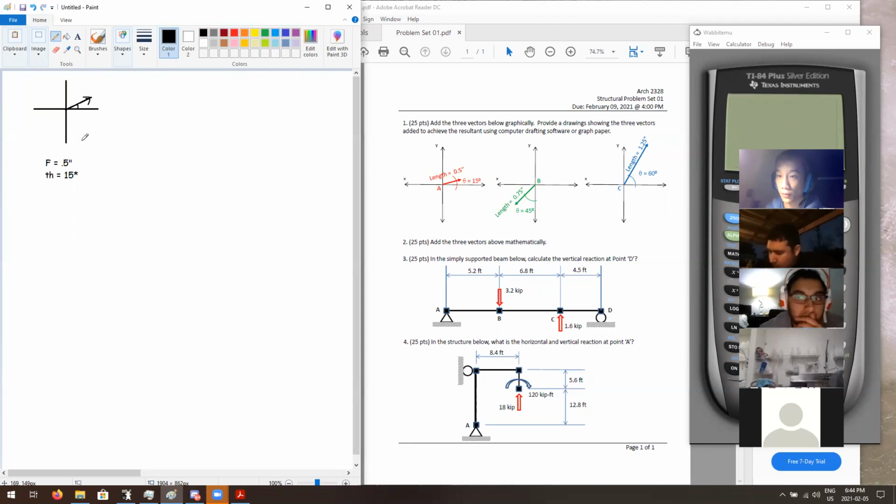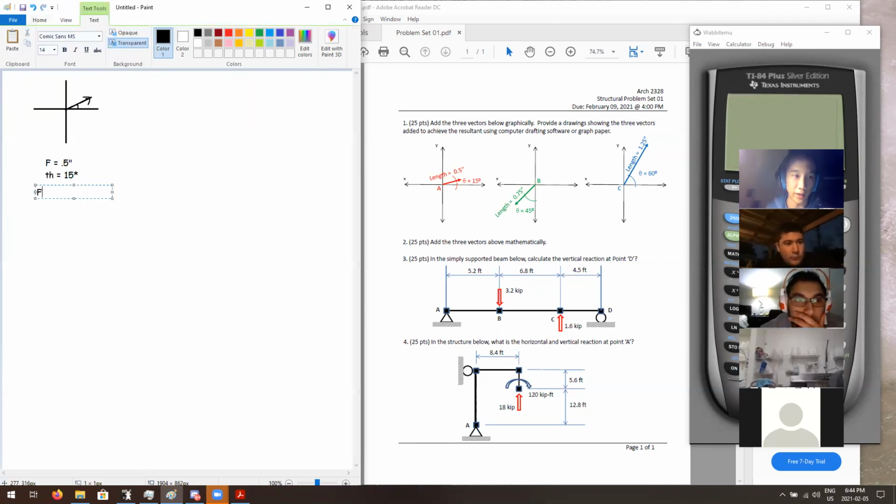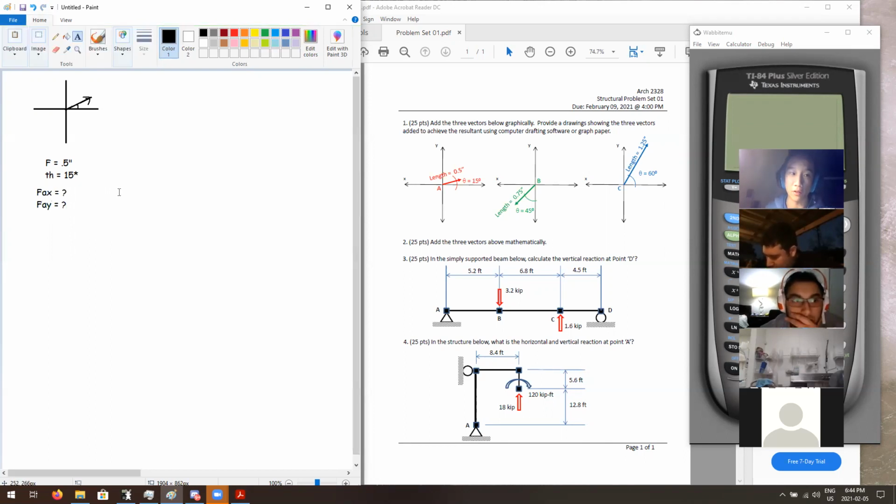So now we're going to break it into its component vectors. We're going to need F sub A x, and we're going to need F sub A y. So we're going to get the force vector of A in its x component, and the force vector of A in its y component.